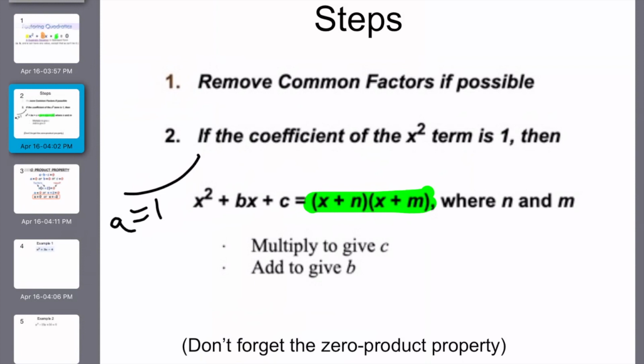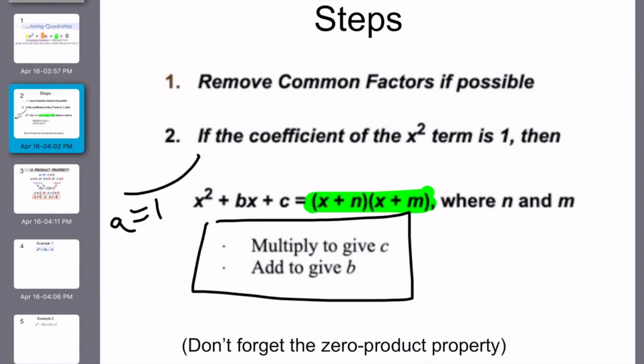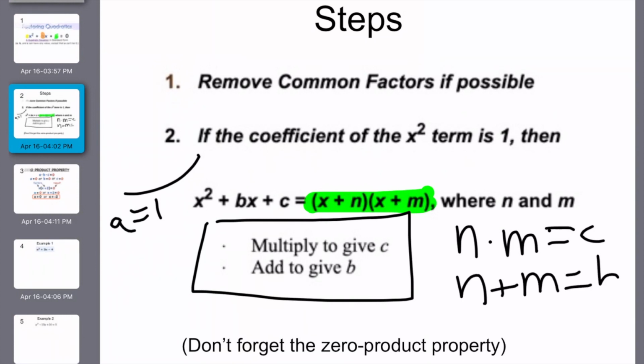So if it's x squared plus bx plus c, we are ultimately going to have (x plus n)(x plus m), where n and m, and this is the most important part here, multiply to give c and add to give b. So n times m needs to equal c, and then n plus m needs to give you b.